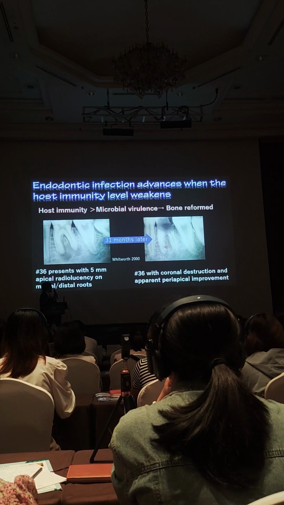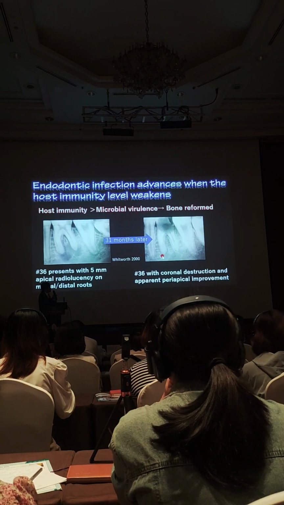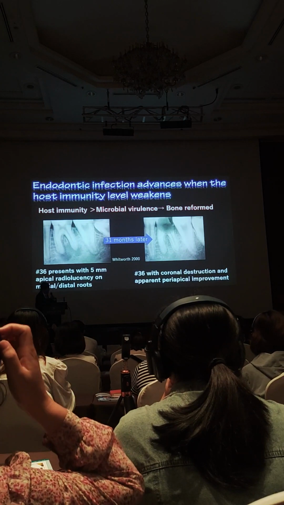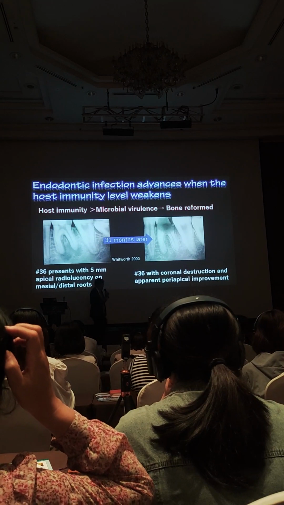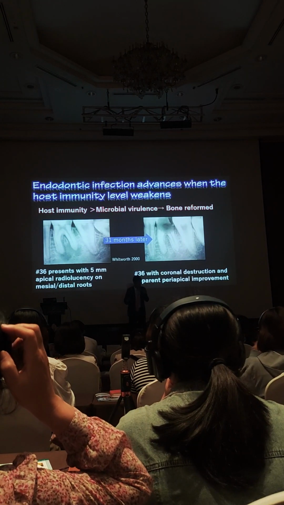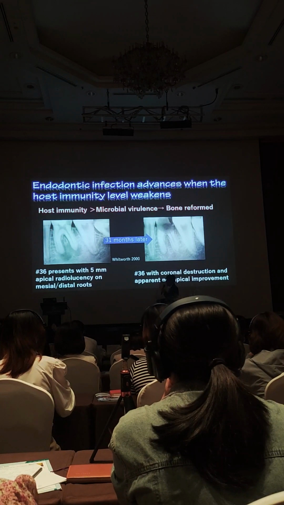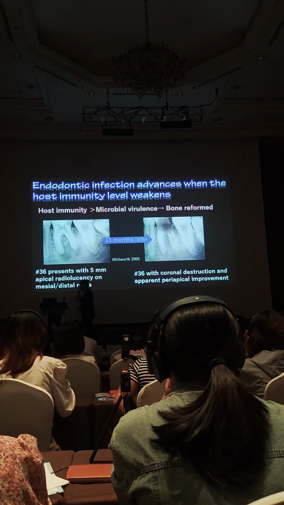And the dentist took a radiograph here, and you see the carious lesion developed much bigger. However, look at the periapical disease. There's no periapical lesion existing anymore because the host immunity actually won the battle against bacteria. And the bacteria inside the root canal changed to maybe E. faecalis.